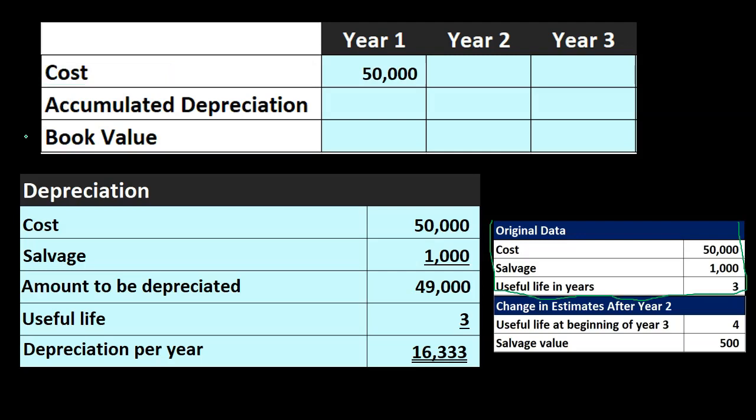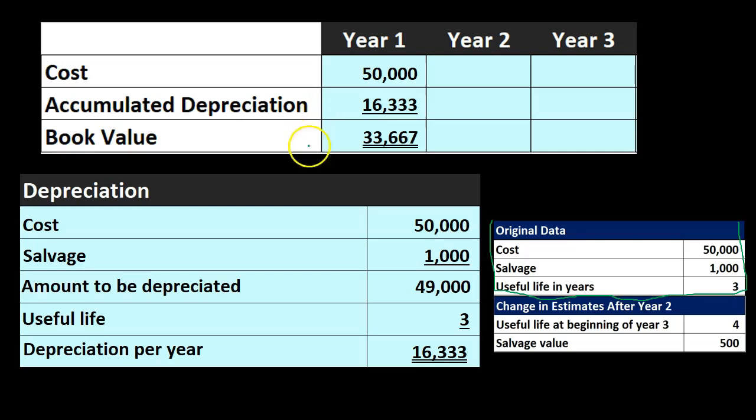So the book value at the end of year 1 is going to be the cost, 50,000, less the accumulated depreciation, which is only 1 year at this point, being just this 16,333. Subtracting out the 50,000 minus the 16,333, we have a book value after year 1 of 33,667.